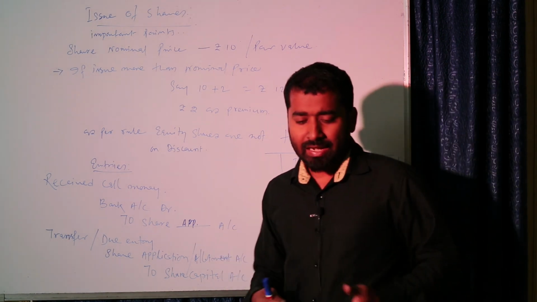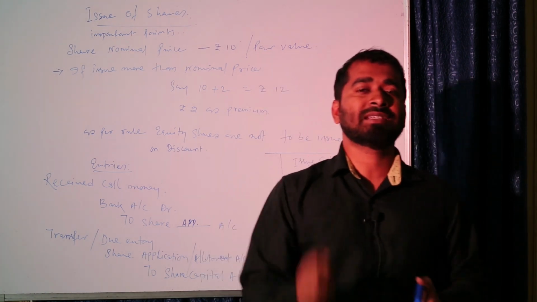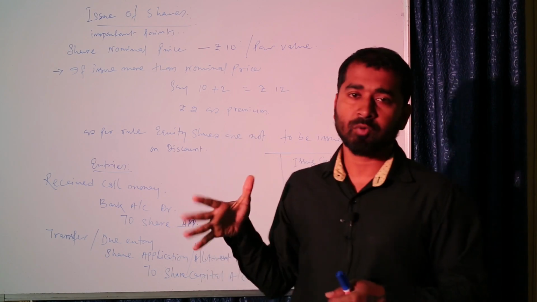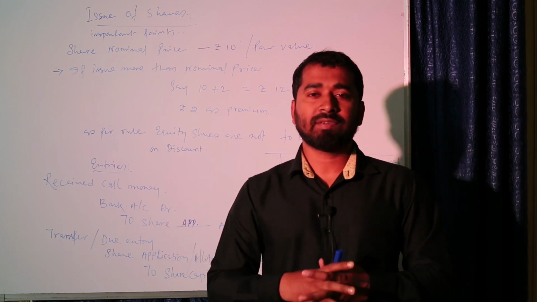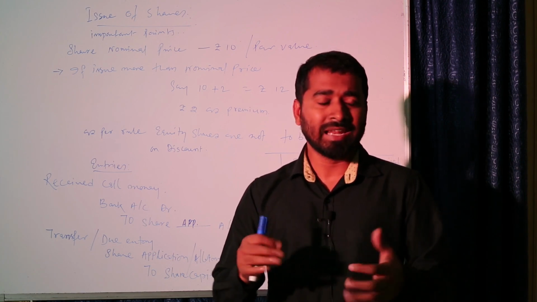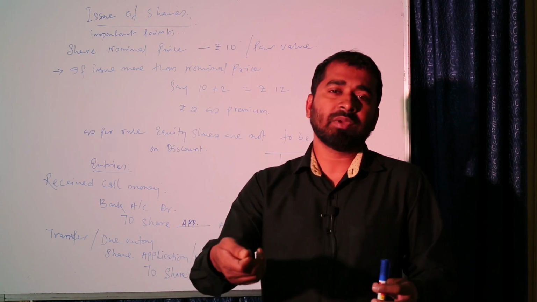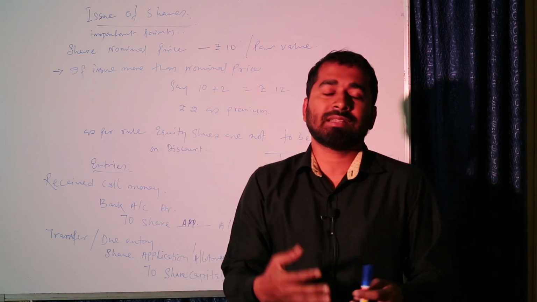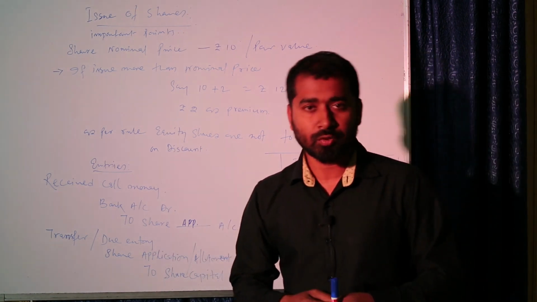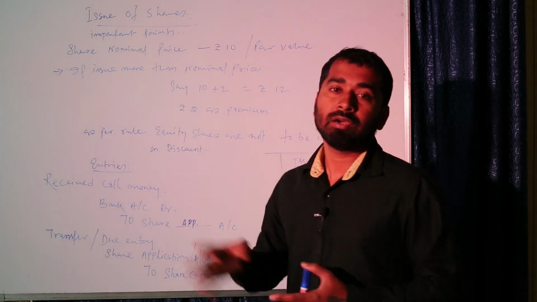When you visit a school or a college for admission, first you pay the application money, then fill in the form and submit it to the school or college. After that, if you are an eligible candidate, the institute gives permission to take admission, or asks for the next fees. That is nothing but allotment, as in the share.